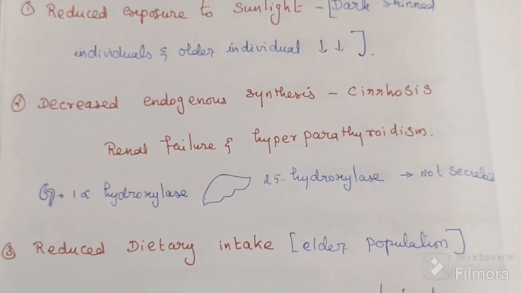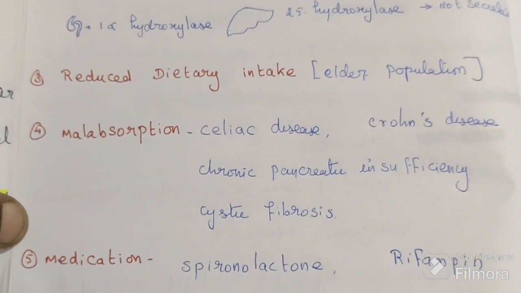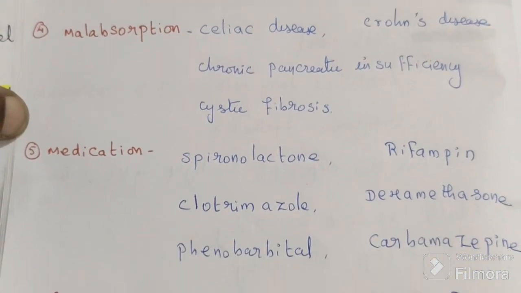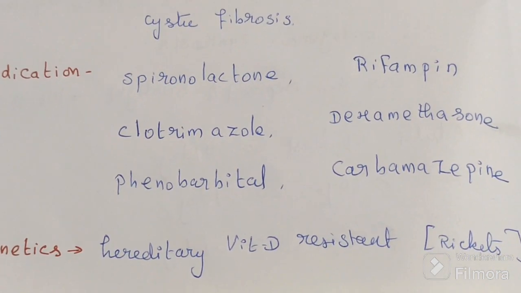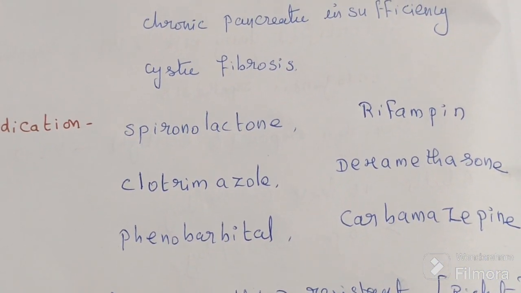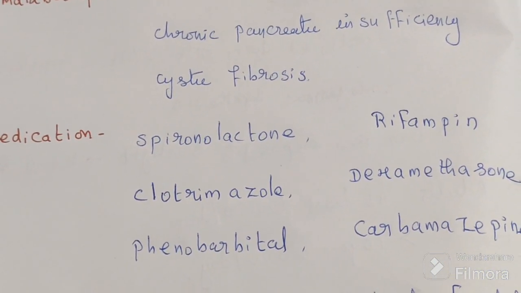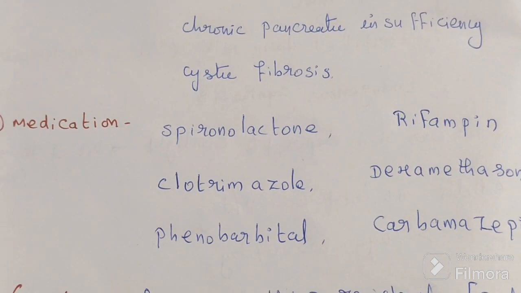Deficiency, then decreased endogenous synthesis, reduced dietary intake, malabsorption, medication, and genetic factors. Individuals at high risk of vitamin D deficiency are elderly people, overweight, and obese patients.